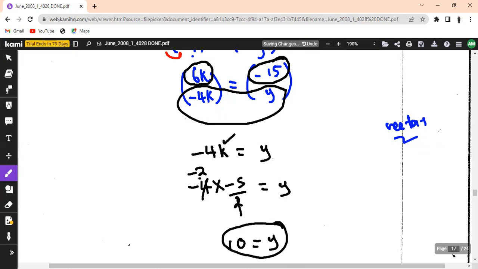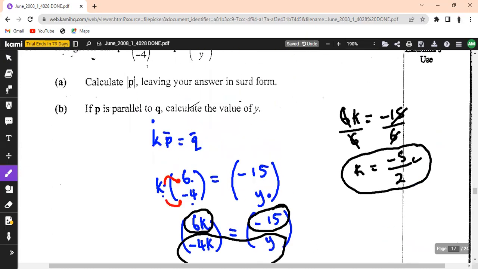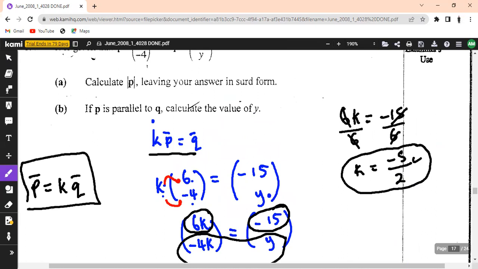So that's how you work out these parallel vectors. Okay, so I want you to prove using this concept. Remember we said we can use this part or we can use this one, P is equal to k vector Q. So I want you to work it from this side and see if you're going to obtain the same answer. The value of k is not the same, but the value of y is going to be the same.